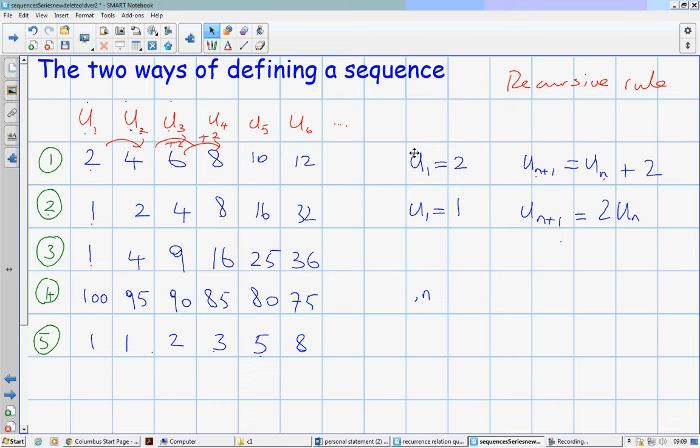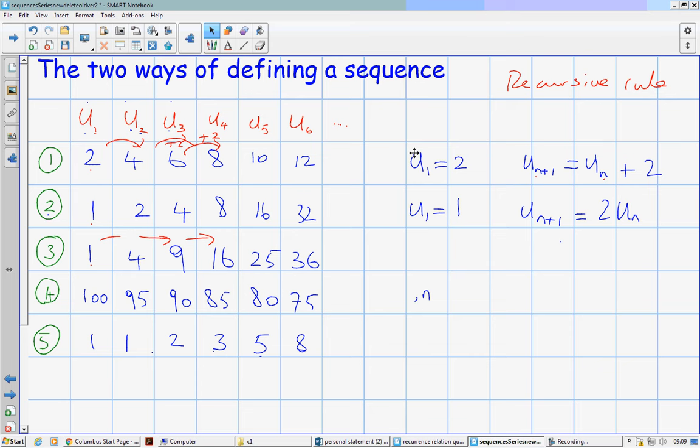Yes, it is add 3 here, and yes, it is add 5 here, and yes, it is add 7. I'm going to go straight to number 4, because it's not terribly useful in this intro stage to talk about a recursive rule for number 3. Okay, it's possible, but not particularly helpful.